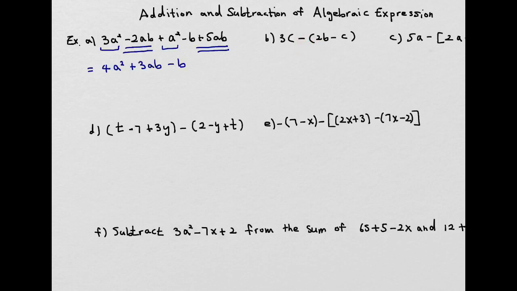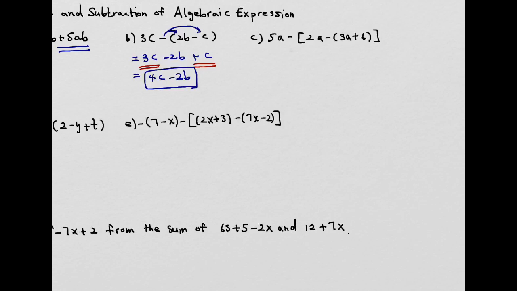So I will have 3c, open the parenthesis, and distributing the negative, I get negative 2b, and negative times negative c is positive c. Once you open the parenthesis, you can locate the like terms, 3c and 1c, and combine them as 4c minus 2b. Those two are not like terms, so you leave it as it is.